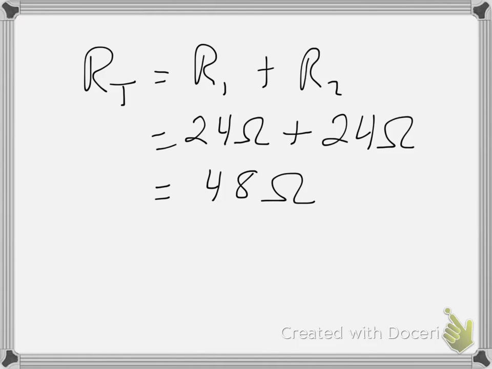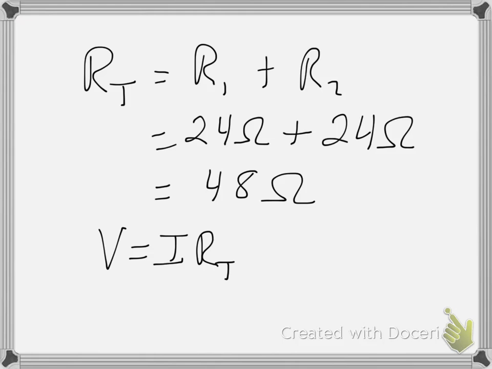Well, this is the total resistance in the circuit, and so when I apply Ohm's law, V equals IR, to a total circuit, I have to use R total. I can apply Ohm's law to each individual resistor as well, but in the case of finding the total current in the circuit, I have to apply the total resistance.